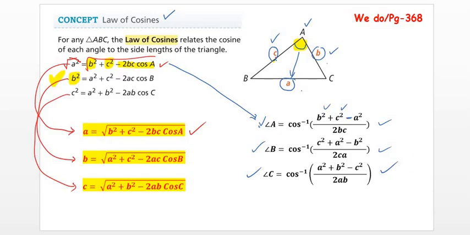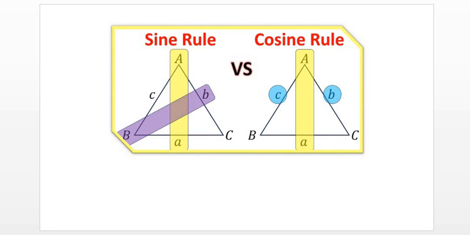Now let's see the difference between the sine rule and the cosine rule, or you can say the law of sines and the law of cosines. The main difference is that in the law of sines we always look for a pair: an angle with the opposite side, and similarly this angle B with the opposite side.